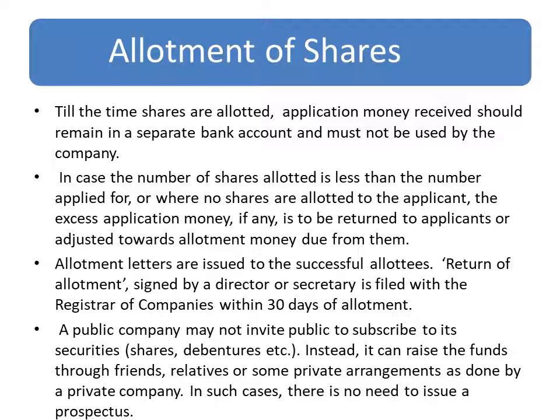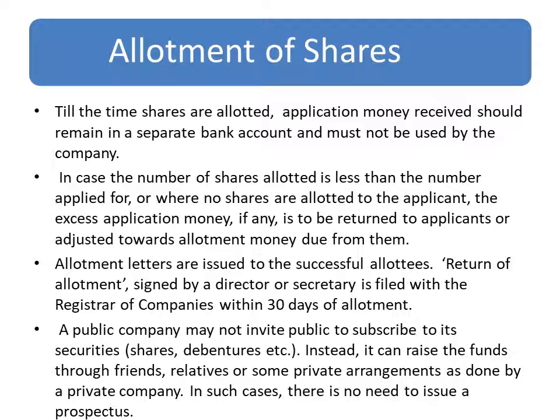No. So what will be done? Then in that situation a pro rata allotment will be done. Means those who have applied for 22 shares will be given 1 share. Or various other alternatives may also be there, but you cannot issue more than 10,000 shares.